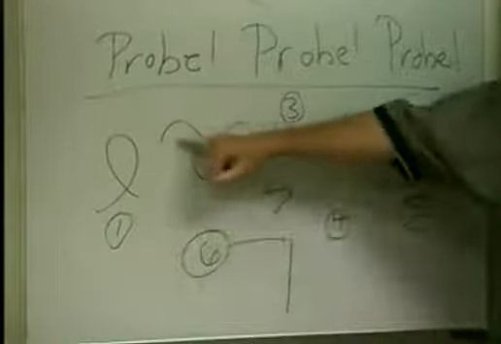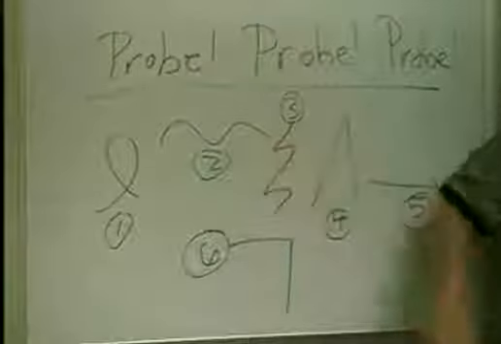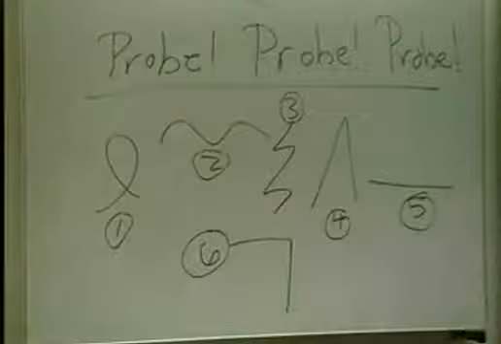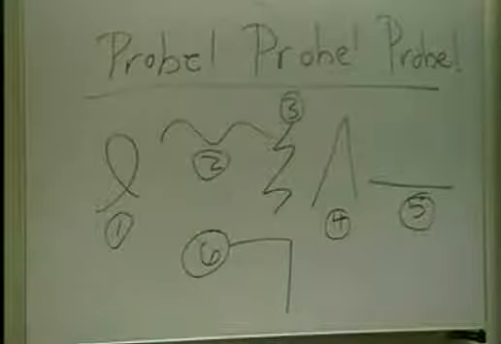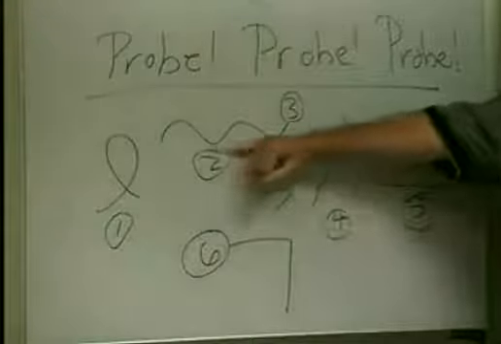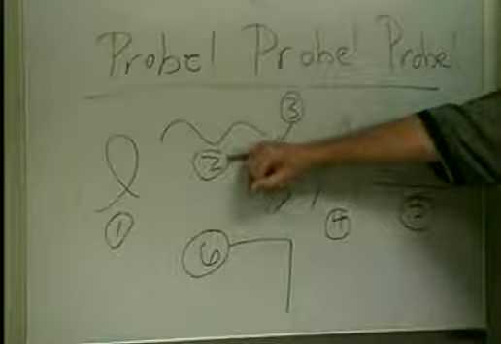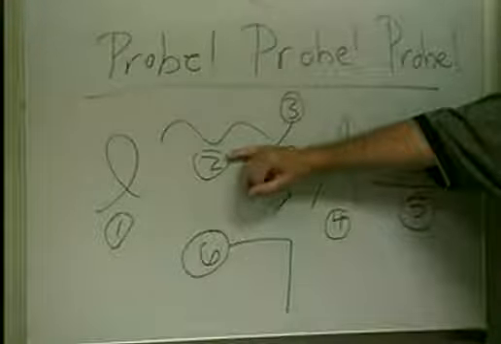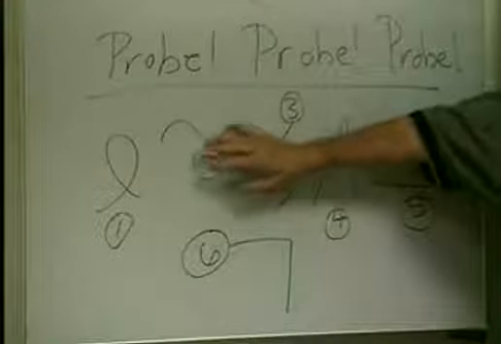The second one is a wavy line, or a variation of it. That is a representation of water. This is the ideogram for water.